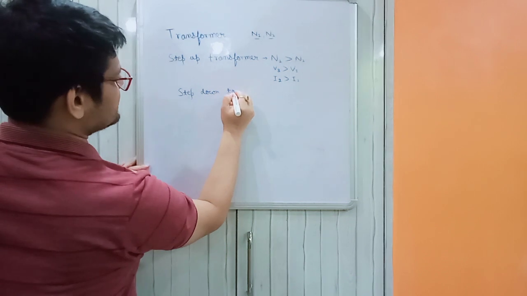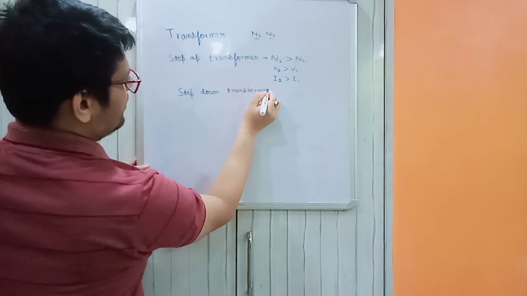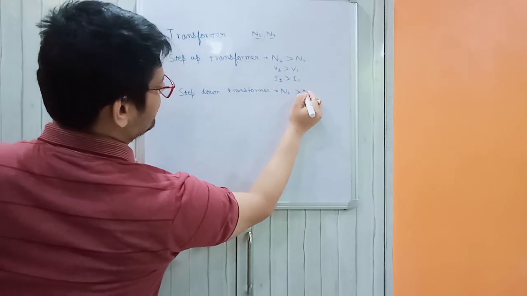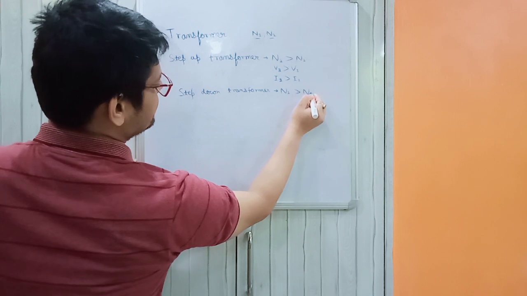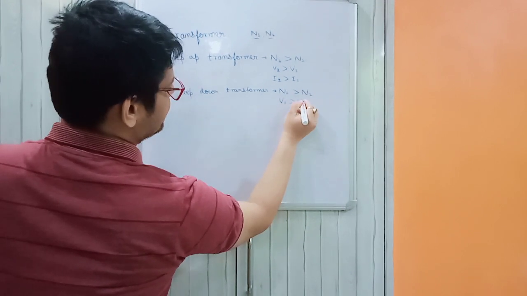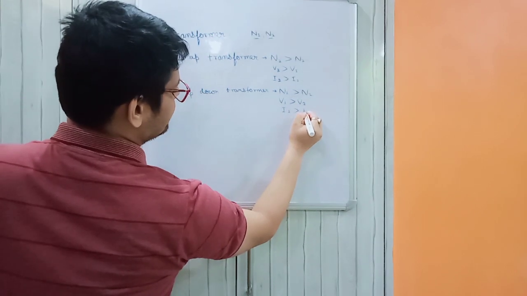In the step down transformer, the number of primary turns N1 will be greater than the number of secondary turns. The primary voltage will be greater than the secondary voltage, and the primary current will be smaller than the secondary current.